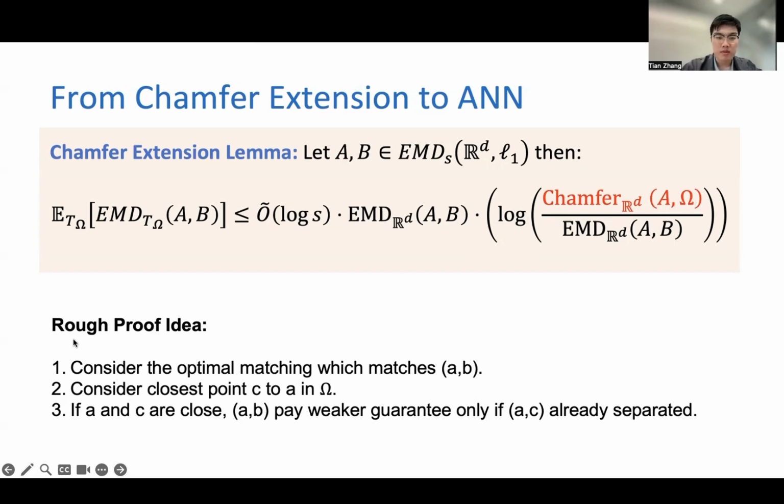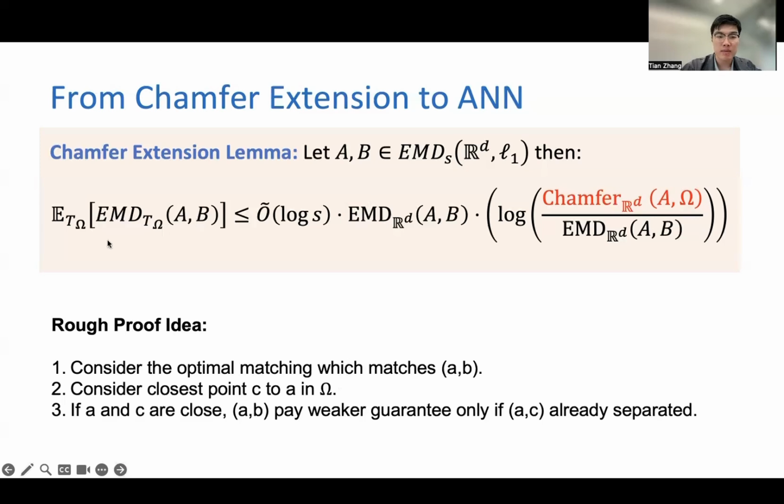So maybe a rough proof idea for that is to consider the optimal matching which matches A and B, and consider the closest point C to A in omega.